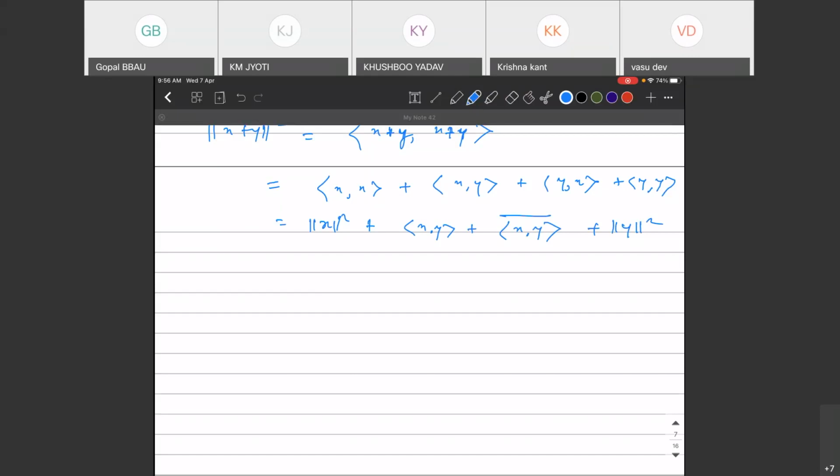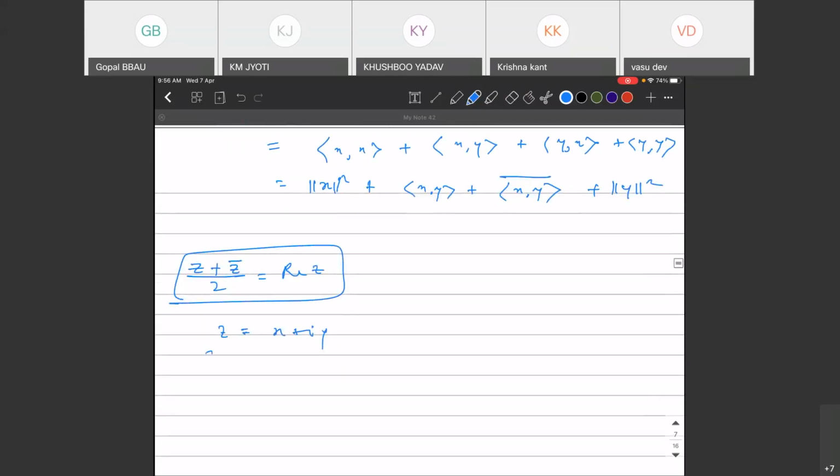If you remember, (z + z bar) by 2 is the real part of z. You remember this? If z equals x + iy, z bar equals x minus iy. When you add these two, z plus z bar, you will get 2x. So 2x is nothing but 2 Re z.